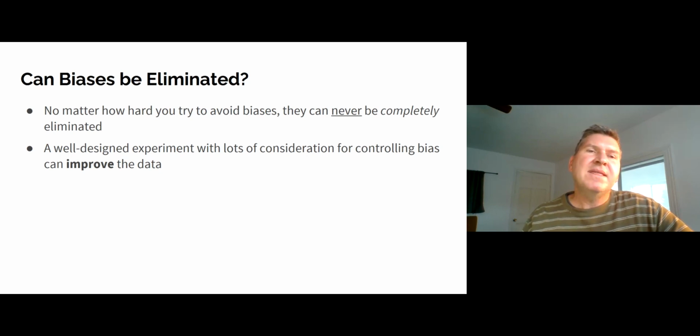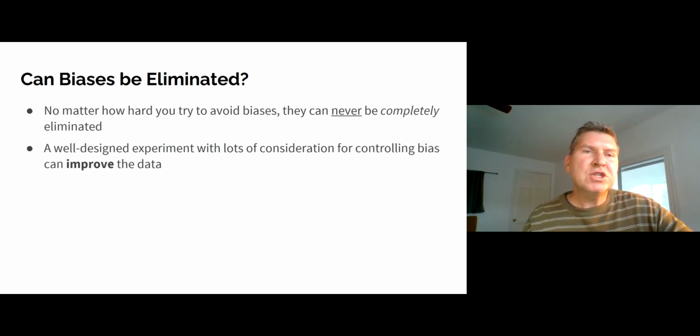Now, everything we've talked about here are ideal. And you're going to find that in an environment where you don't have endless time, endless money, and the ideal participants, it's going to be very difficult to completely control for these biases.